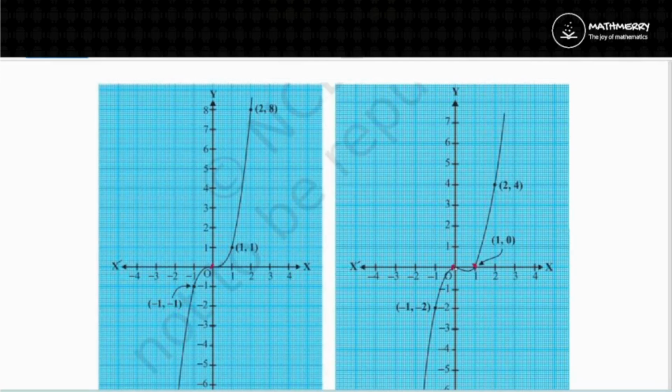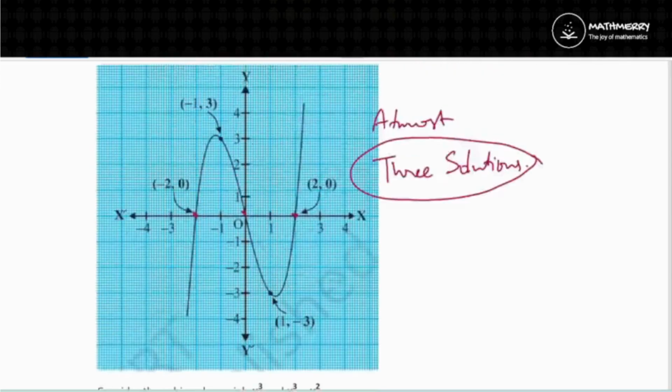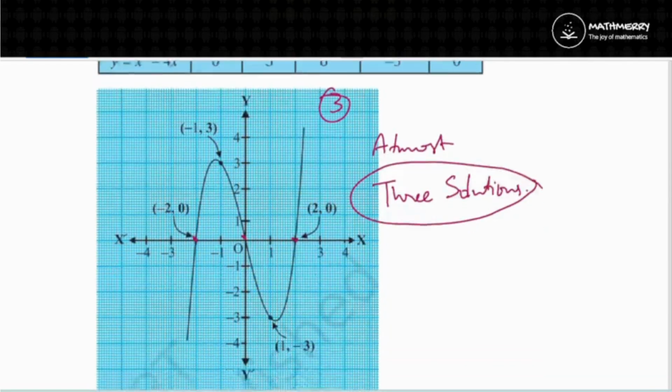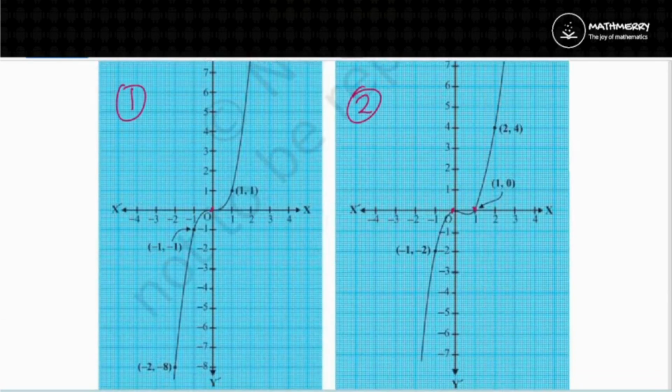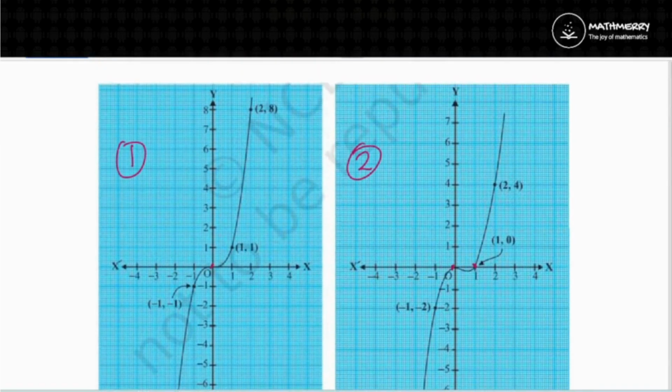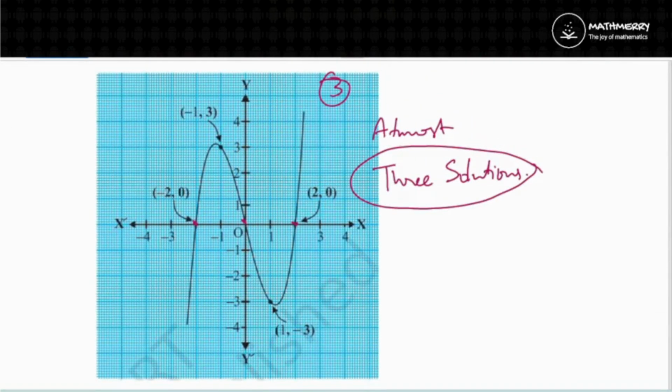So a cubic polynomial can have one solution or two solutions, or it can have three solutions. So there are three cases in the case of a cubic polynomial, we can have either one solution or two solutions or three solutions. So we can say in general at most three solutions are possible in a cubic polynomial.